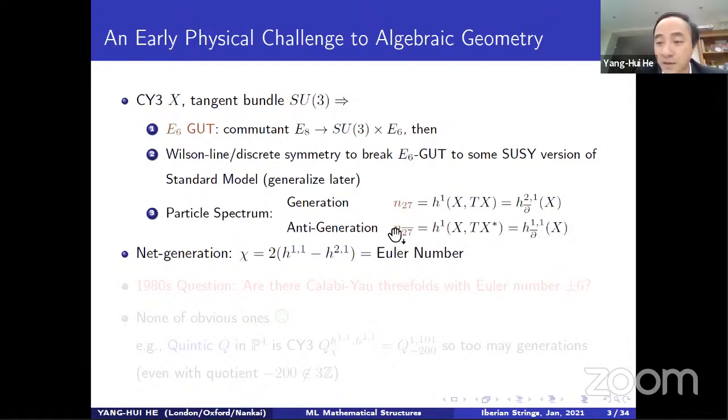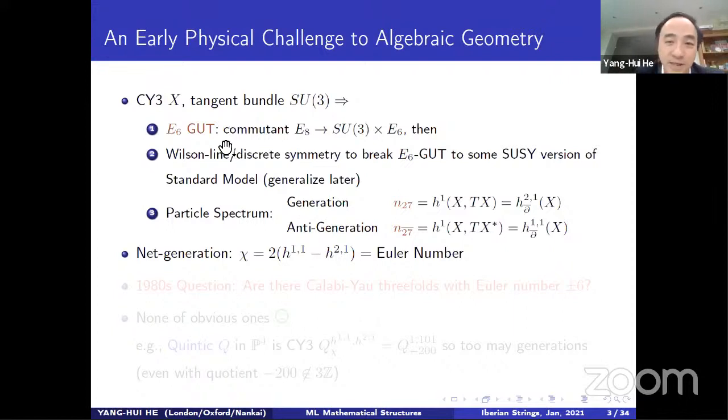This was the beginning of what we now call string phenomenology, the fact that you could get particle physics. Of course, what they did at the time was E6 GUT theories, because SU(3) is a natural commutant in E8 to E6, and SU(3) you got for free because of the tangent bundle.